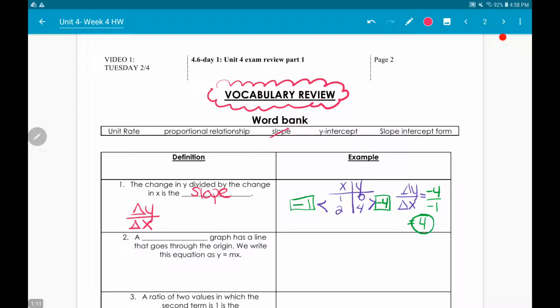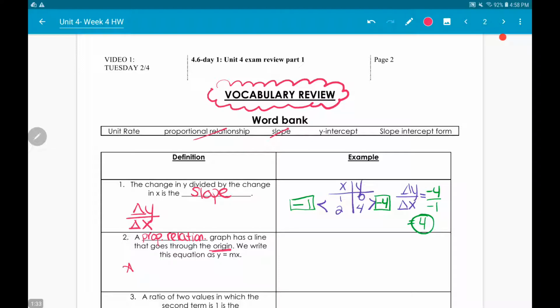All right. Number 2. A blank graph has a line that goes through the origin. And we write this equation as y equals mx. So there's no y-intercept in this, and it goes through the origin. That means it is a proportional relationship.